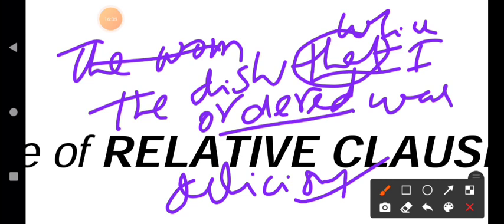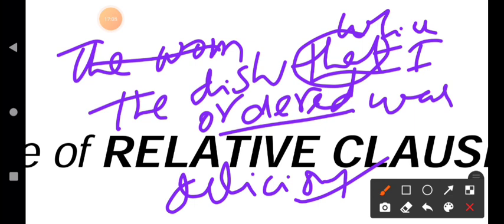Who, whom, which are often replaced by that in spoken English. Whom is very formal and is only used in written English. The dish that I ordered was delicious. Which dish? The one that I ordered, that only. That's why the defining relative clause is very needed.